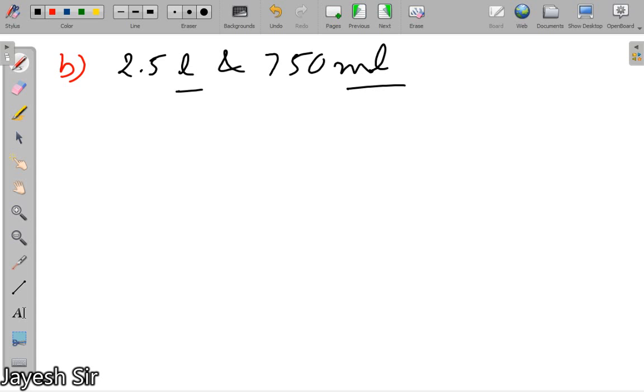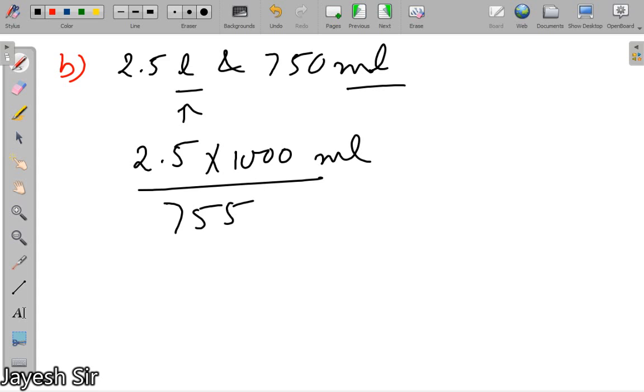Now here, although both are units of liquid, liters and milliliters, there is a slight difference between them. So the first thing required of you here is to convert this liter into milliliter. So we have to find the ratio between 2.5 into 1000 ml and 750 ml.